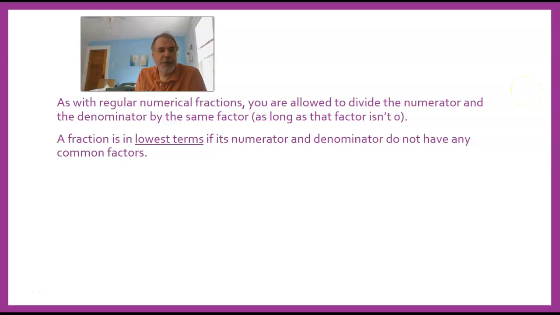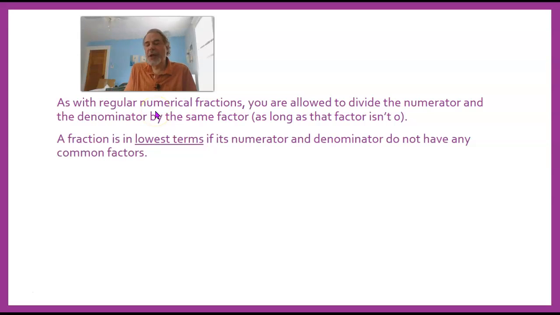Throughout this chapter, as we work with these fractional or rational expressions, I'm going to be reminding you of the things we know about fractions, just good old fractions made of numbers, and how they work. Because we're going to apply that to these rational expressions.